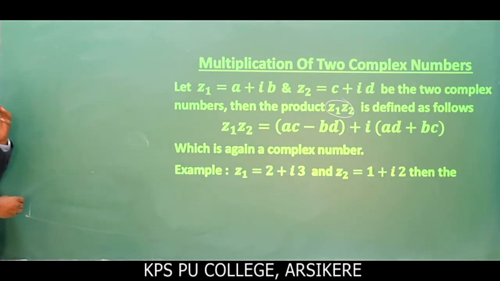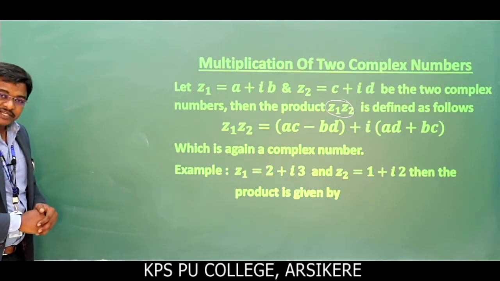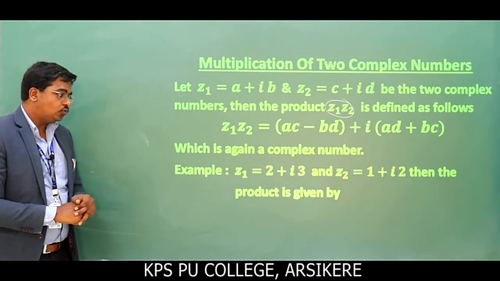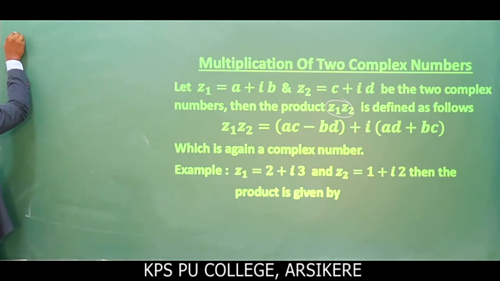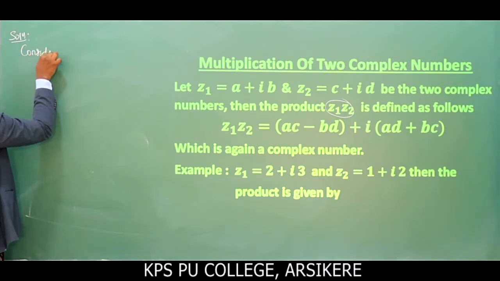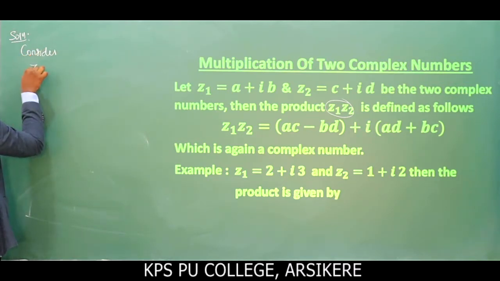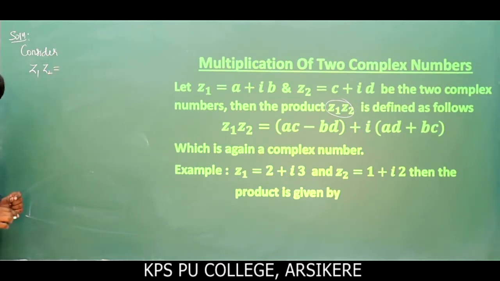The example here: Z1 is equal to 2 plus i into 3 and Z2 is equal to 1 plus i into 2. Then the product is given by, solution. Consider Z1 into Z2 is equal to, what is Z1 here?